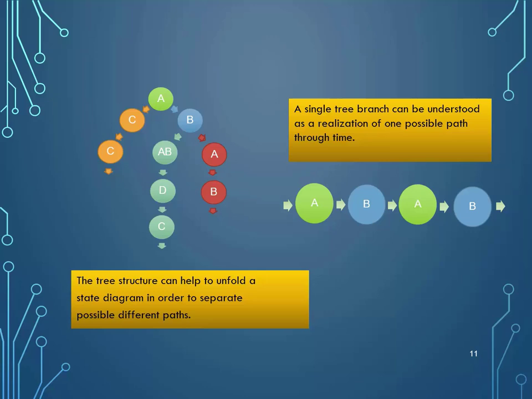So, for example, we start from state A, and one of the branches can go to C and then C, but then we have a different branch that starts from A, goes to B, and here we have, again, two different branches from the same point. And this is quite useful because if you start thinking in this way, you can unfold the right behavior that you wanted to specify, and probably you will see at some point that it was not what you intended, or that it was what you intended.